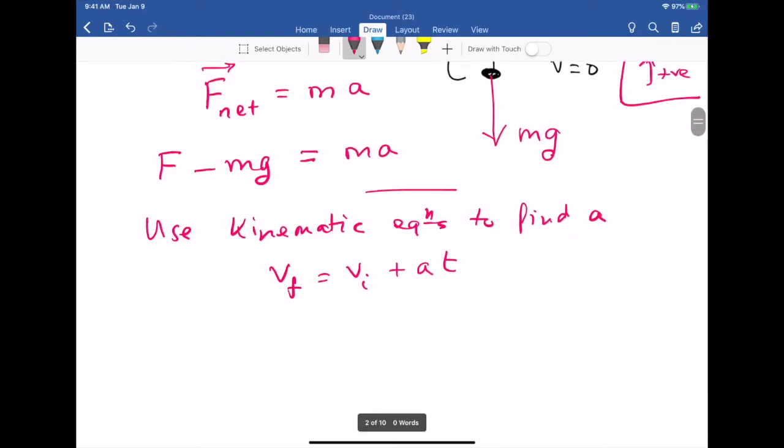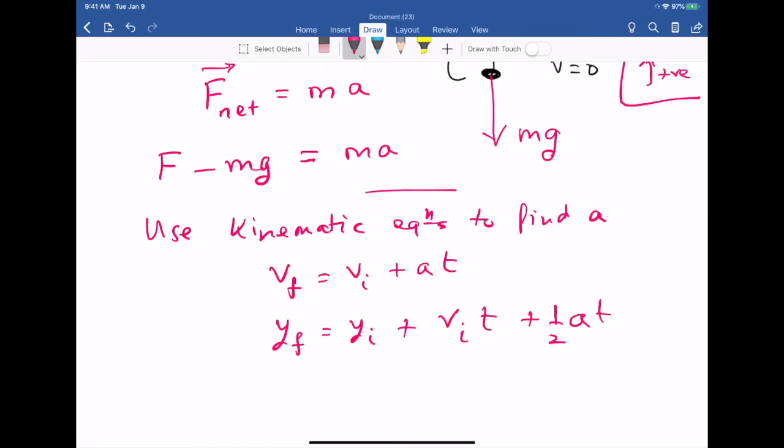The second kinematic equation is y final equals y initial plus v initial times t plus half a t square.